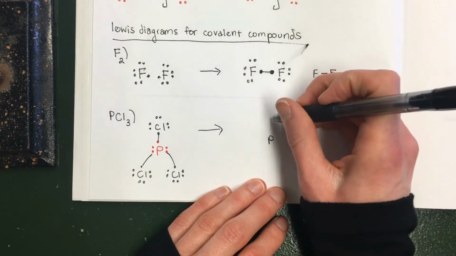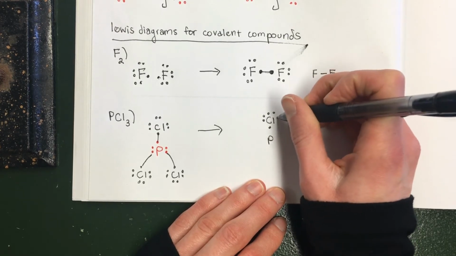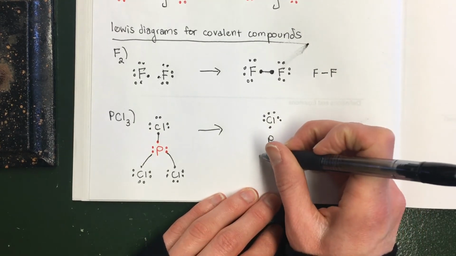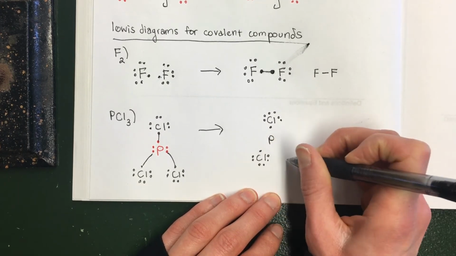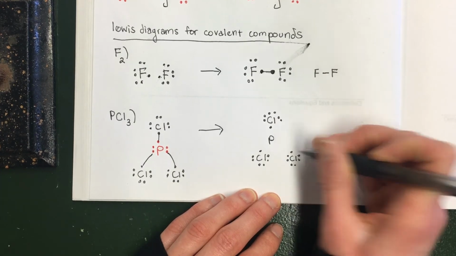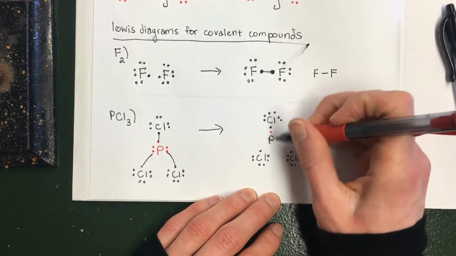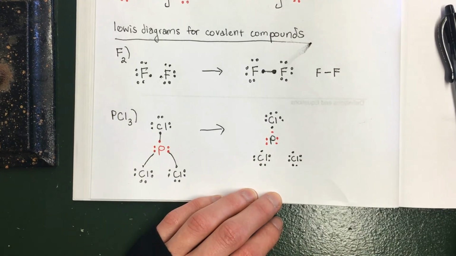So got our chlorine, and our other chlorine, and our third chlorine, and they're all sharing electrons with the phosphorus.